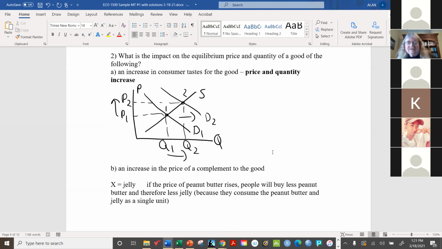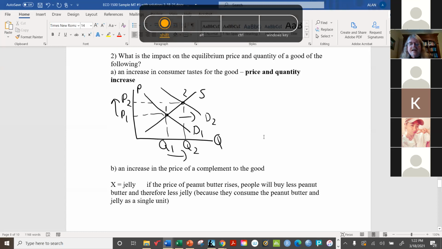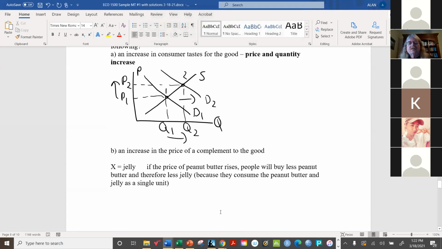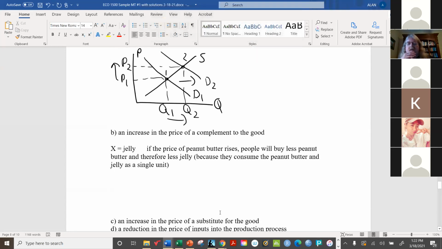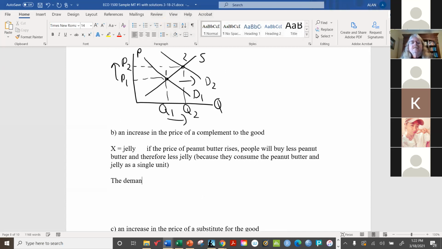All right. So that's why this is happening. And so we don't necessarily need to draw the picture. So the bottom line is the demand for jelly decreases, and therefore the price and the quantity fall.